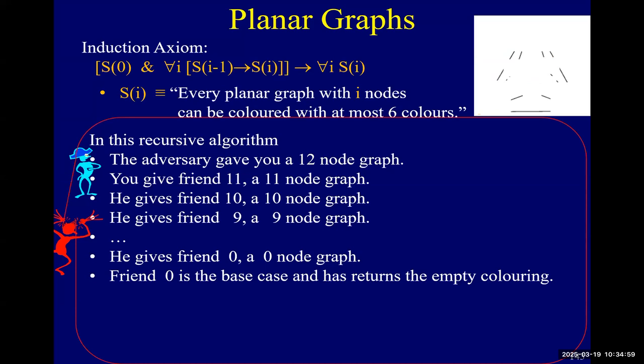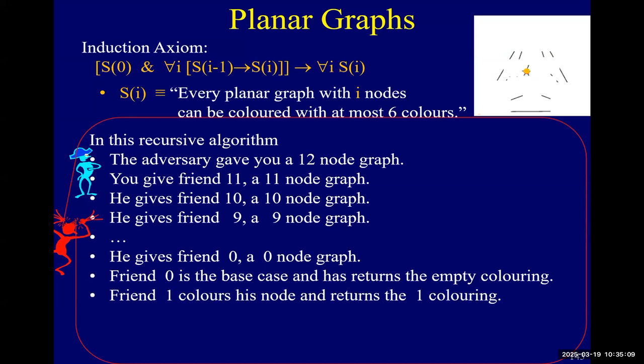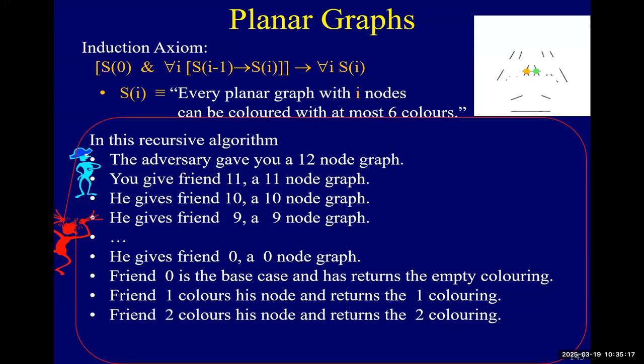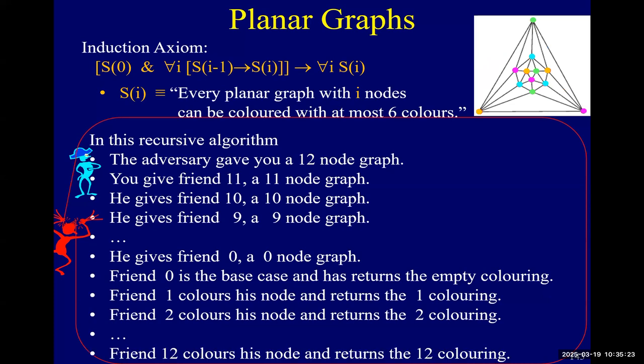What's my base case? My favorite number is 0. If I have 0 nodes, how do I color it? The 0 coloring. And then we start popping back up the stack. We add back in the 1 node we deleted, then the 2nd node, the 3rd node. We add them back one at a time. Does that make sense?